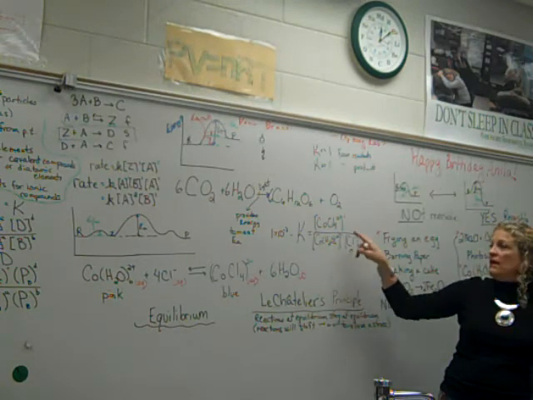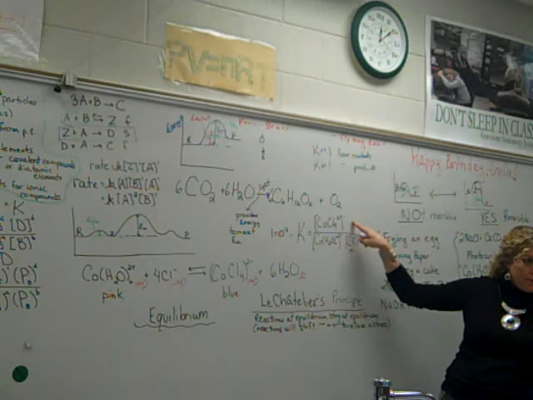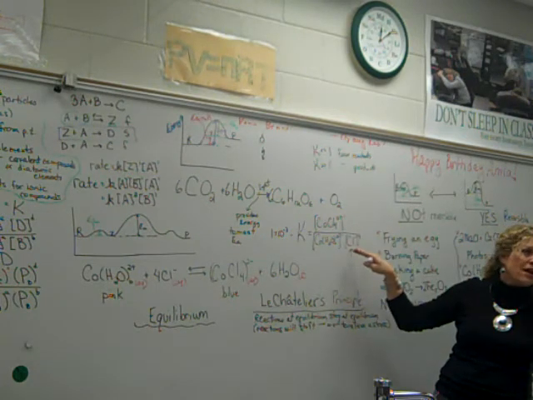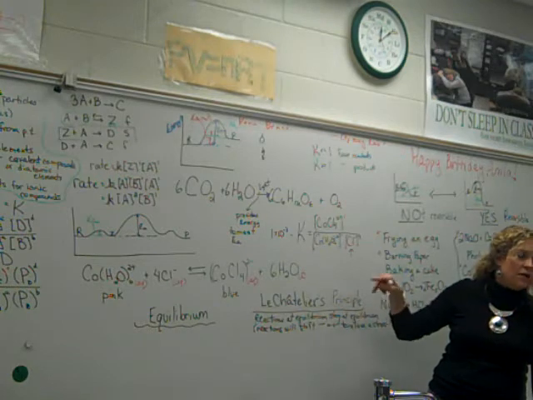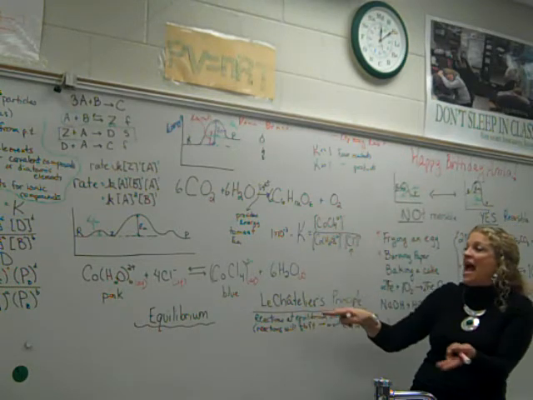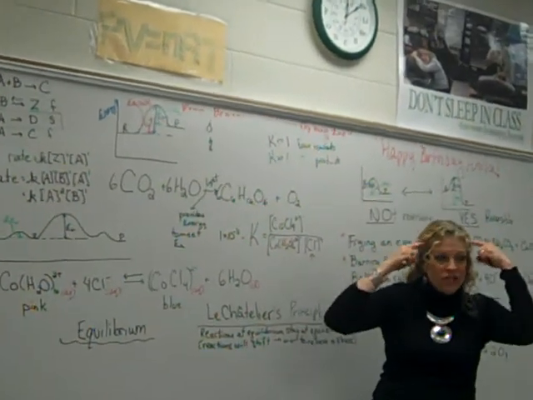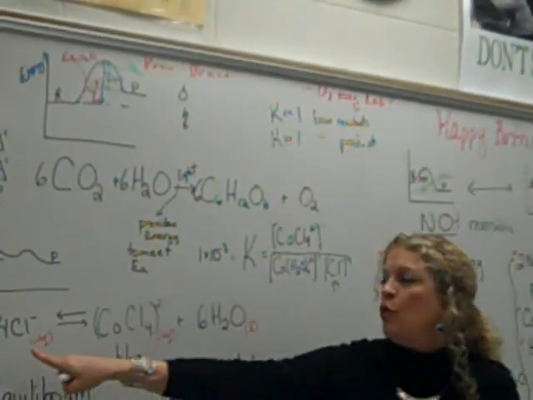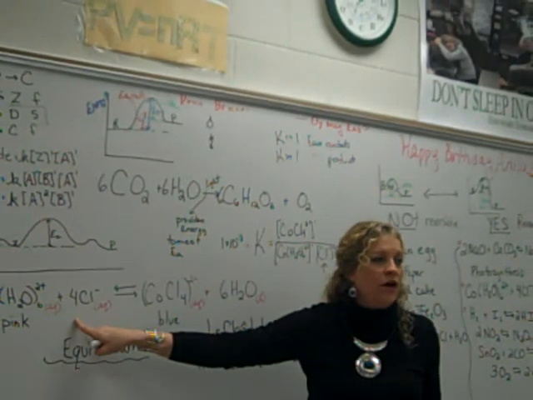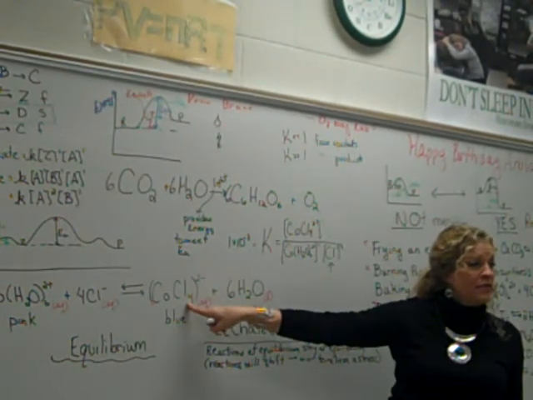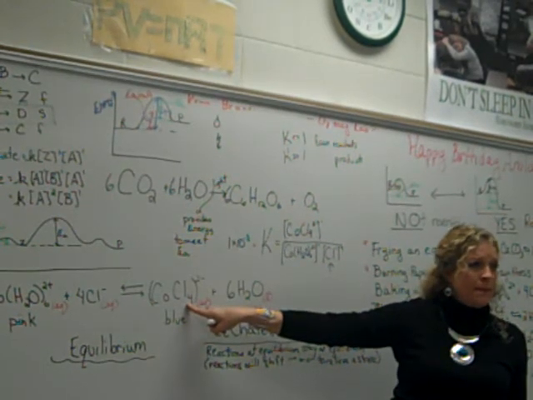Increase the top. And guess what? The only way to increase the top is to take some of that chloride I just added away, right? So if I increase the top, won't I have it climb back up to the constant? And what did you observe when I added the chloride? It went blue, and that's the top. Does everybody see that? Okay.